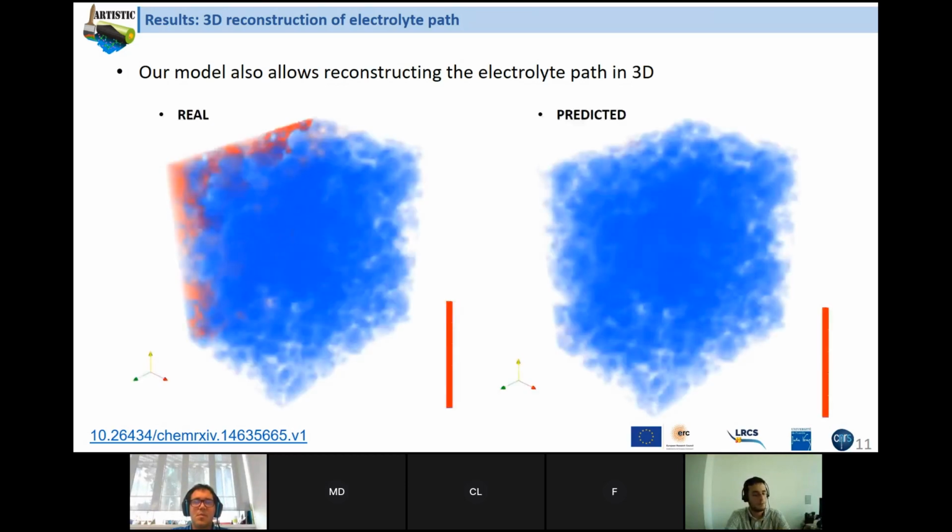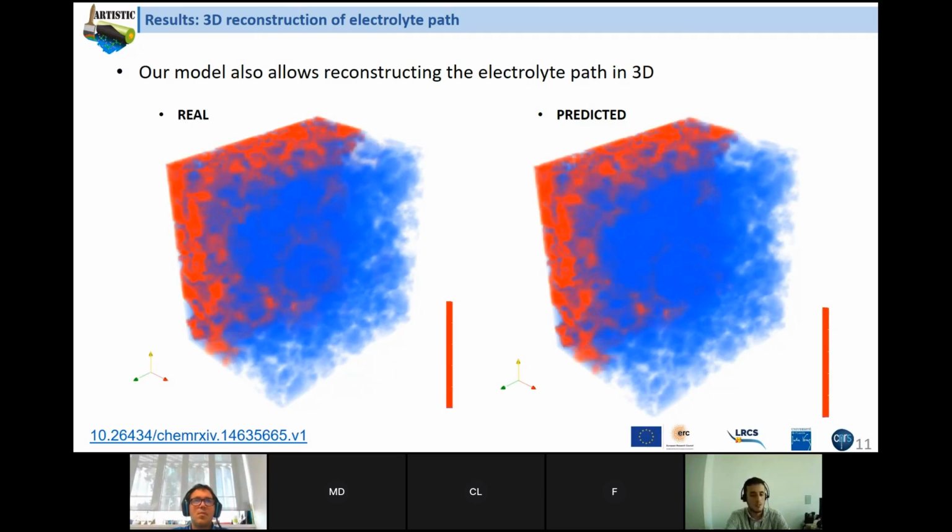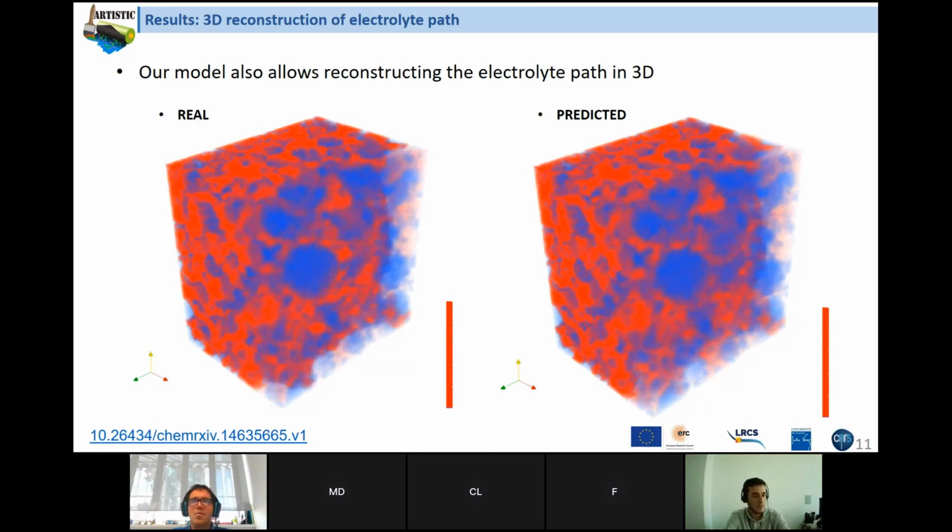So as you can see here, this will be the electrode microstructure at the first step in this case. There is already some liquid here in the real case, and the predicted case is still empty. However, when looking at the full time series, we can see that both simulations are really similar. I mean, they are totally consistent with each other.